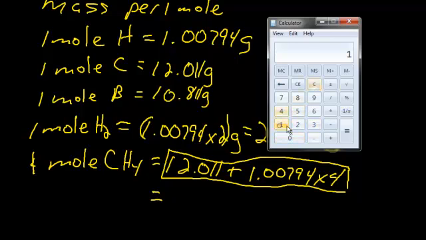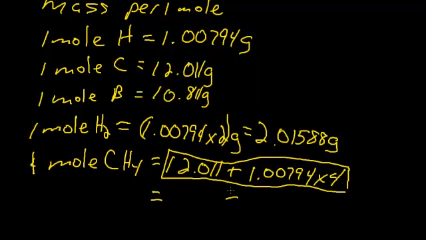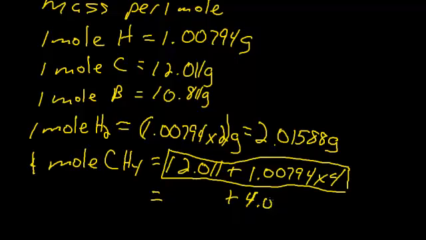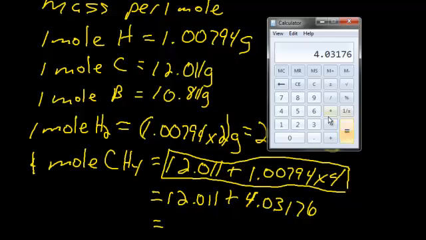1.00794 times 4, and that's 4.03176. Sorry, I've got a really bad memory. 4.03176, and this carries down, 12.011, and now we'd have to add this number, 12.011 plus 4.03176.